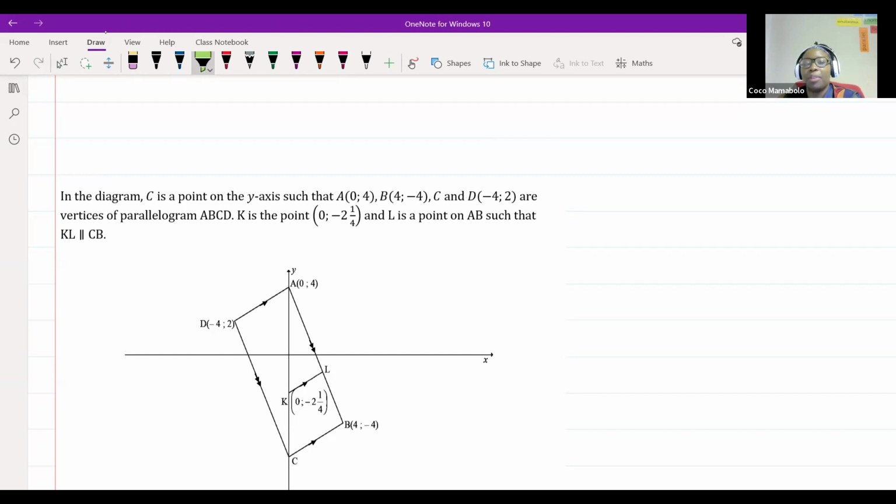All right, if we read the information, we are told that in the diagram, C is a point on the y-axis, right? So if this point is on the y-axis, what does that tell me about its x value? What is its x value? What's the x value of C, guys?